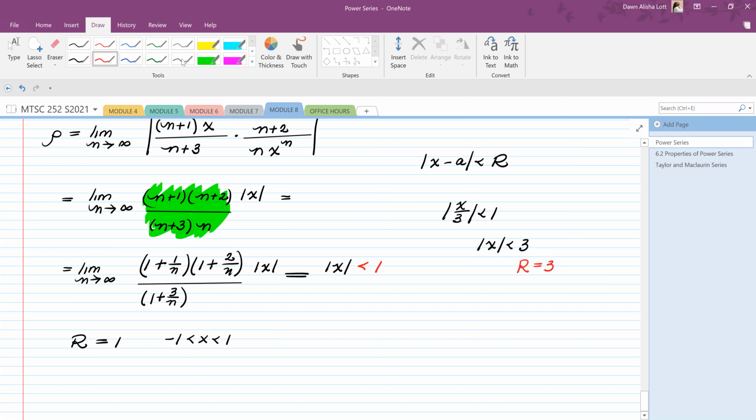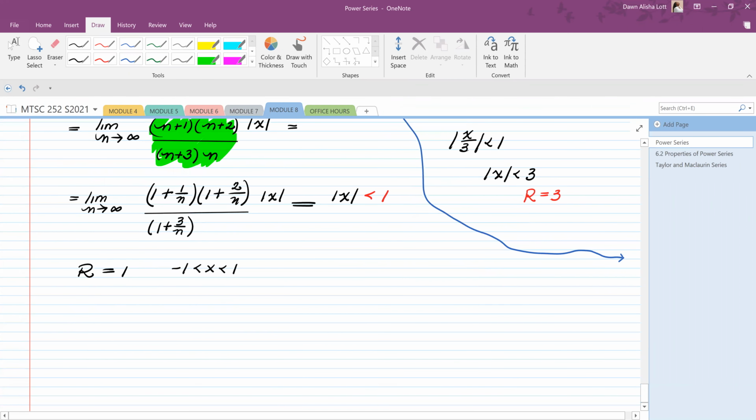Oh, okay. Thank you. And if it happens to be one about a different number, whatever you get at the end from your test, that's what you use. I'm forcing it to be less than 1, so I get radius 1. Had I had something different, I would still force it to be less than 1 and then solve for it.